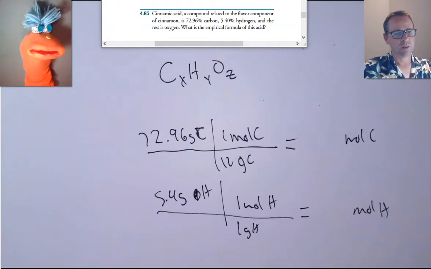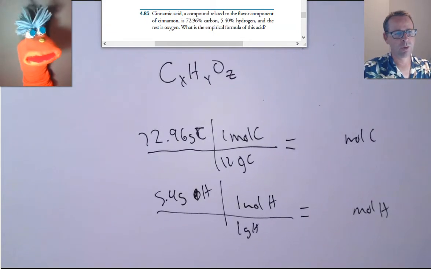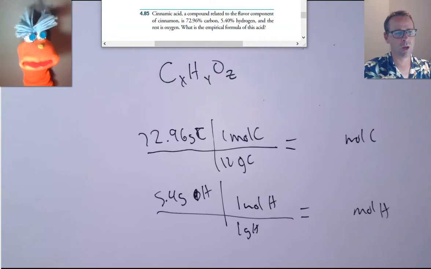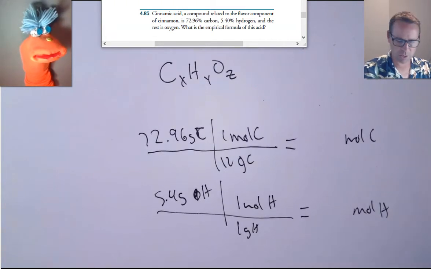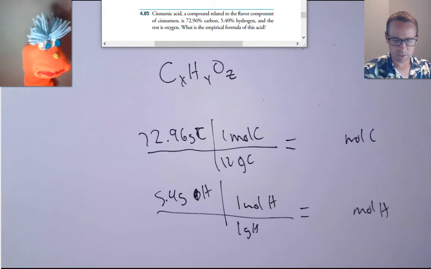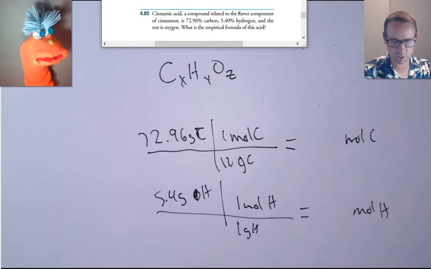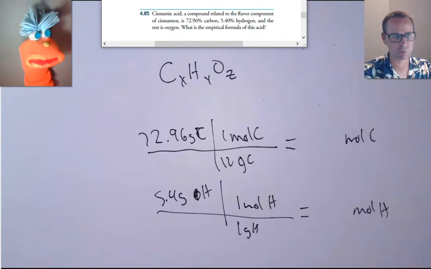Right? Yeah, and then what do you do for oxygen? Well, what do you think? I guess we know that oxygen must be the rest, right? That's right. So if I take 100 and subtract the 72.96 and subtract the 5.4, should that give me a percentage? 21.6%.